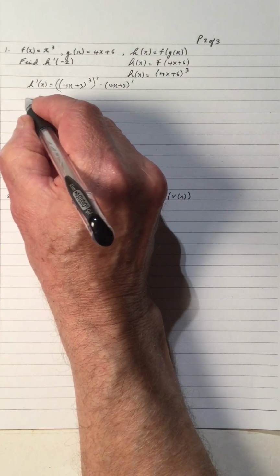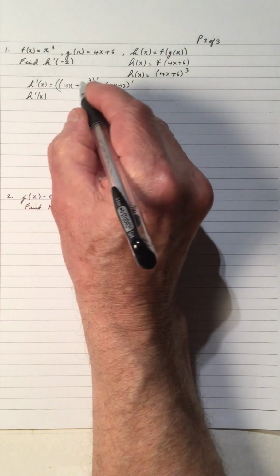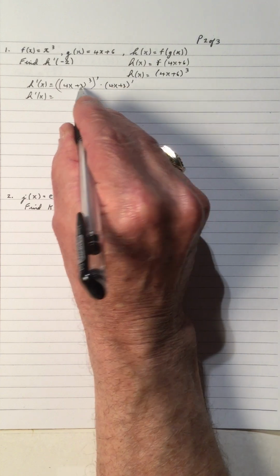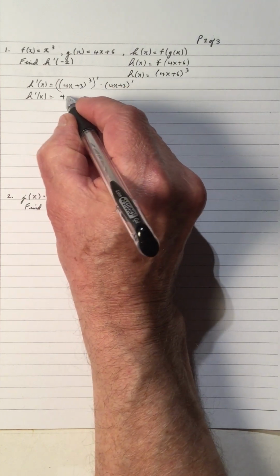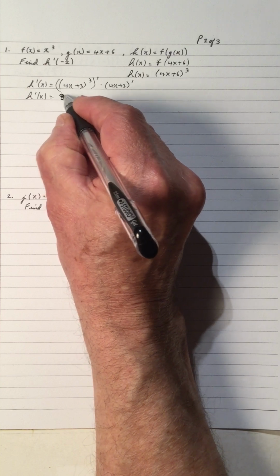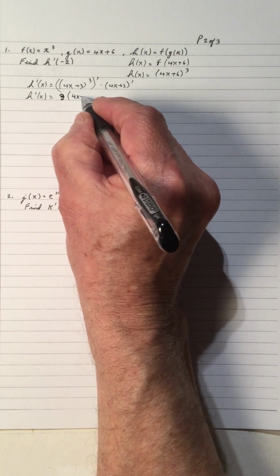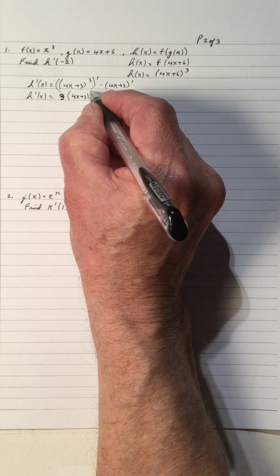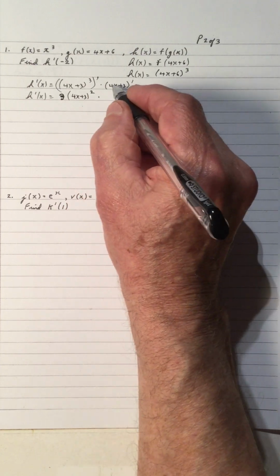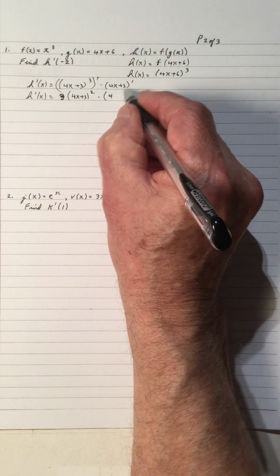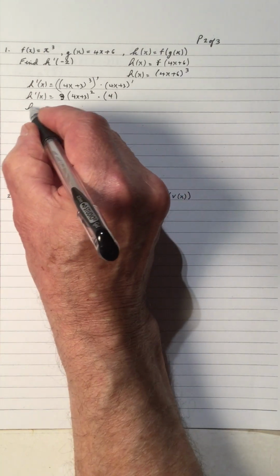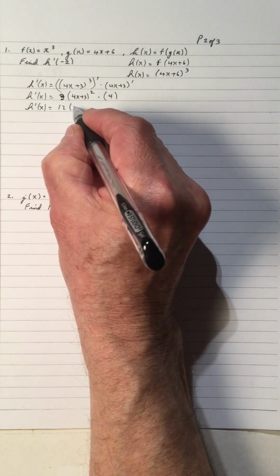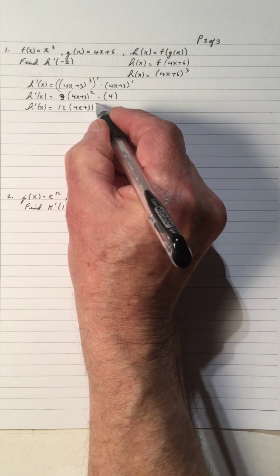The derivative of the power is 3 times (4x plus 3) to the power 3 minus 1, which is 2. The derivative of 4x is 4, and the derivative of 3 is 0. So h prime of x becomes 12 times (4x plus 3) squared.